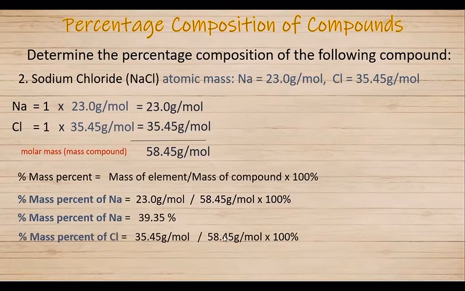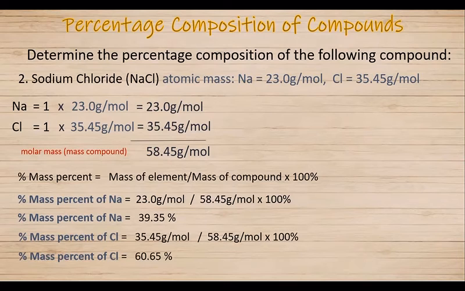Then next, let's compute the mass percent of chlorine. Let's substitute the mass of element, which is 35.45 gram per mole, and the mass of compound, which is 58.45 gram per mole, and multiply it by 100%. And that will be equal to 60.65%.